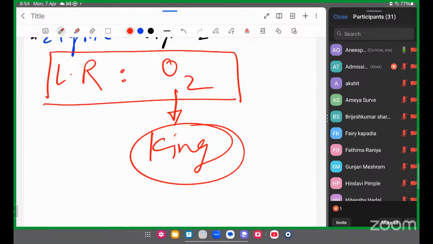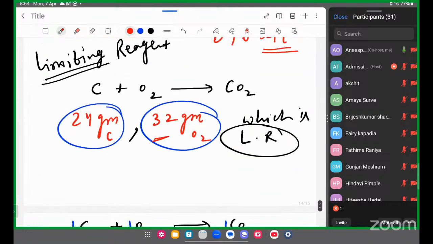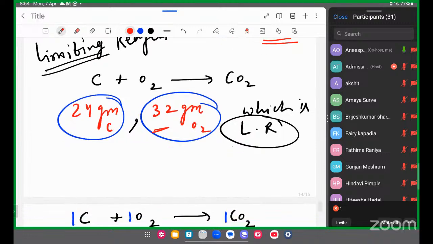Let's say for example the question is: how many grams of CO2 will be obtained by burning 24 gram carbon with 32 gram oxygen? Since in this case oxygen is limiting reagent, we will do the stoichiometry according to oxygen, not carbon. And what is the stoichiometry of oxygen with CO2?